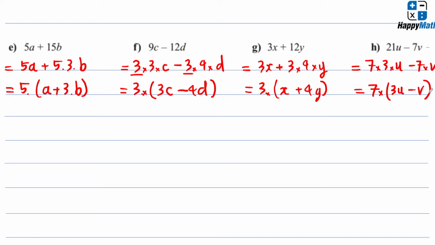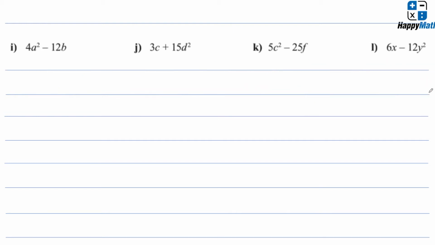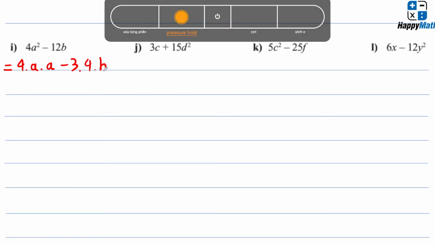Okay, it's not too difficult, right? It's not so difficult. Okay, the next one is a little bit harder. I need to change the form a lot. For this one, here we have 4a squared. So that is 4 multiplied by a multiplied by a. 12 is 3 multiplied by 4 multiplied by b.